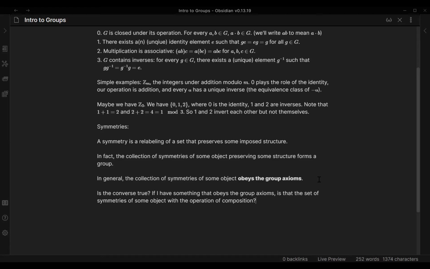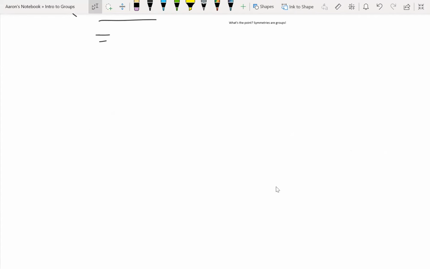And, well, it wouldn't be much of an interesting lecture if the answer was no. So, yes, but what object? In particular, if I have a group G, and I want to know what object G is the symmetries of?